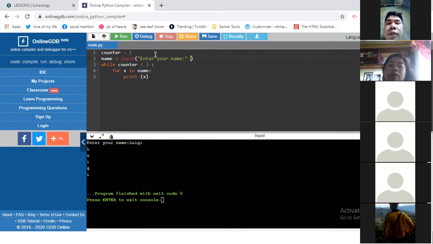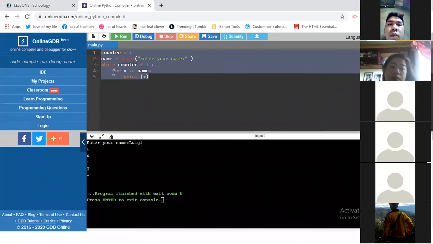Okay. So kanina di ba yung code natin ganito.